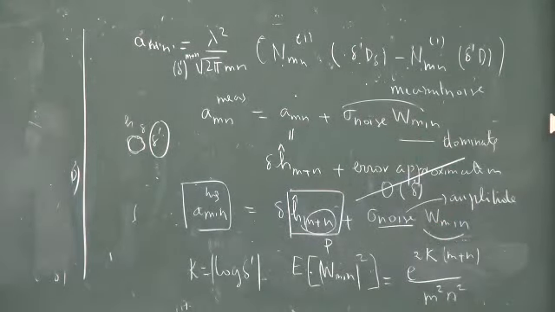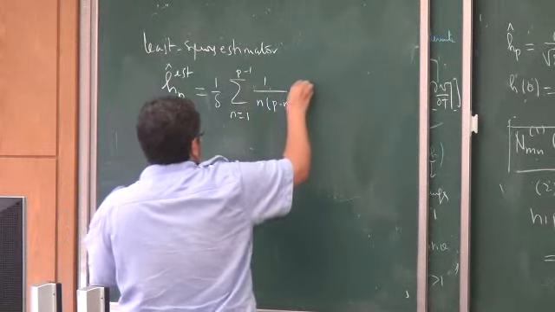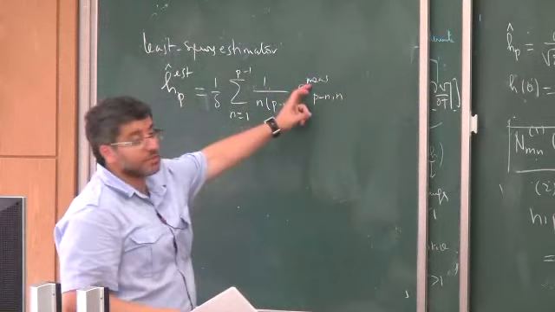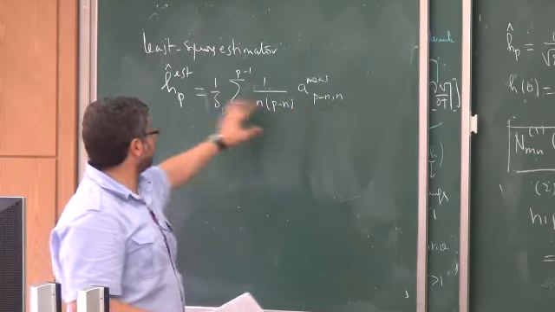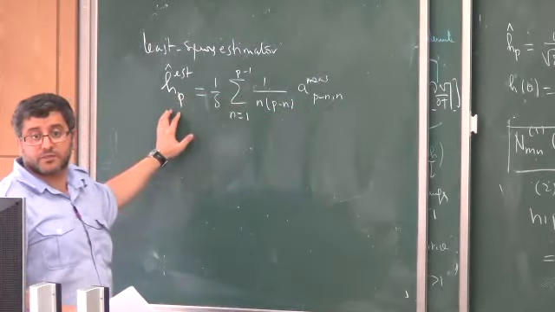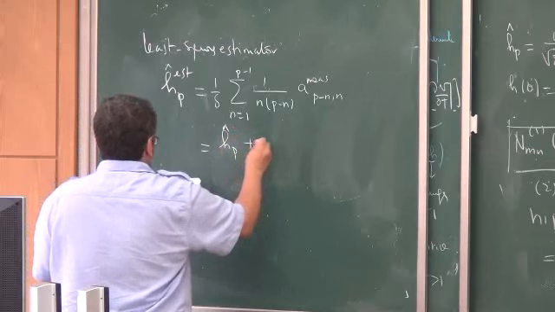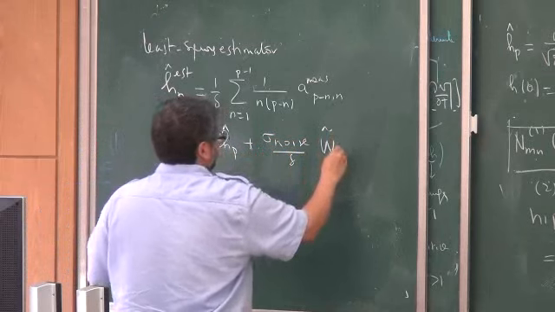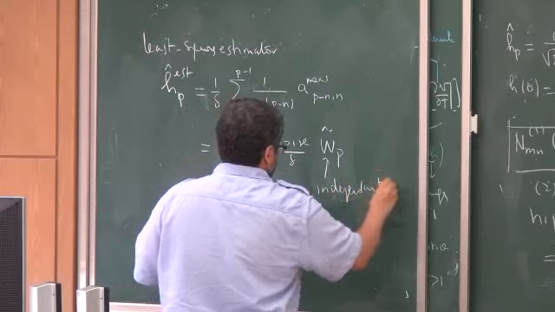So it would be 1 over delta, sum from n equal 1 to p minus 1, of weight 1_{n,p-n}, and A measurement_{p-n,n}. You take the measurements, you take all the indices such that their sum makes p, and then you sum them, and you get the h_p estimator. And actually, if you compute it, you will get that this is h_p plus sigma noise over delta times some independent Gaussian variables.